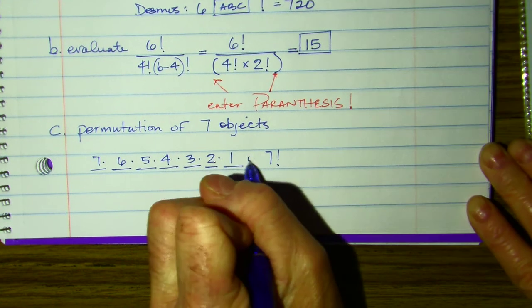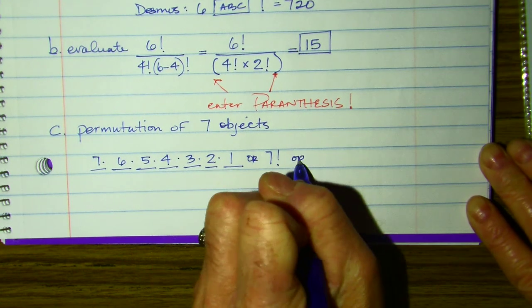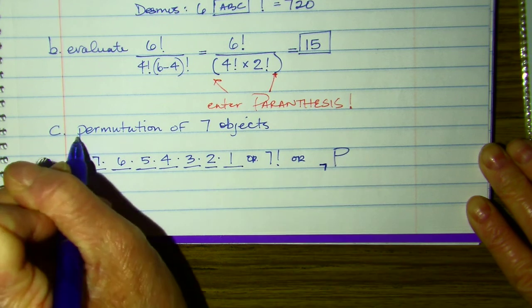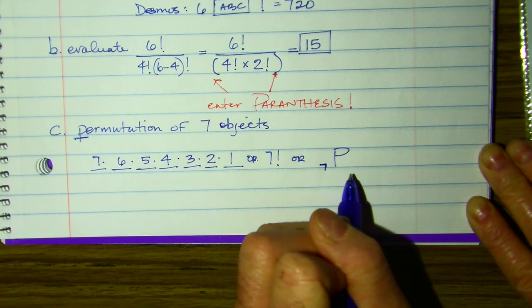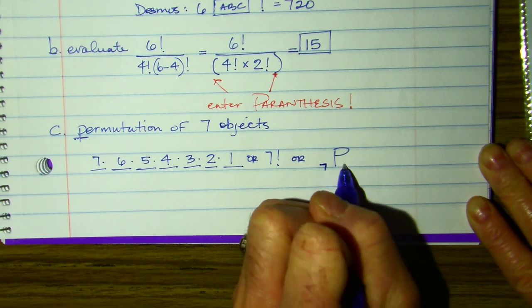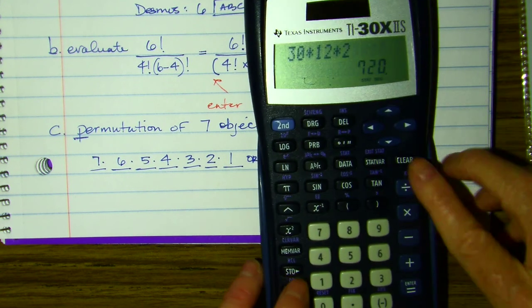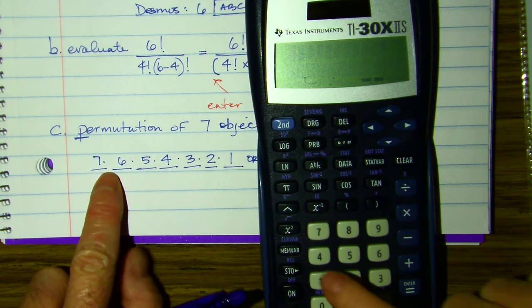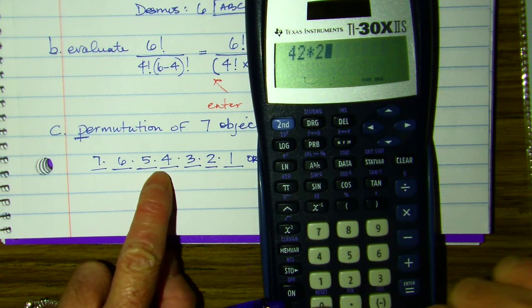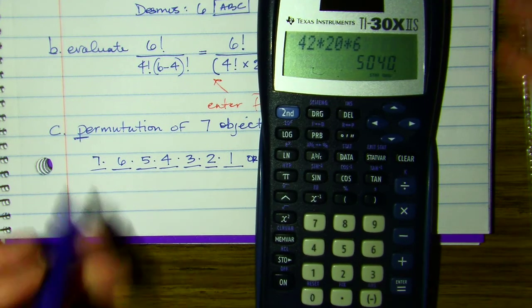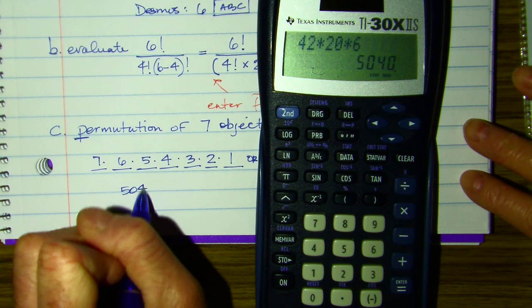Or I could enter, I have 7. It says permutation, so P, and I'm doing all 7. It didn't say I'm only taking 6 at a time or only taking 2 at a time. So I could enter all of these and they'd all give me the same answer. So 7 times 6 times 5 times 4 times 3 times 2 times 1 gives me 5,040.